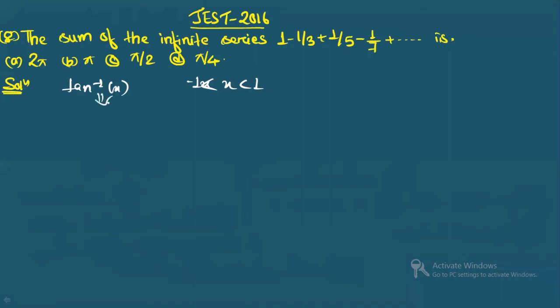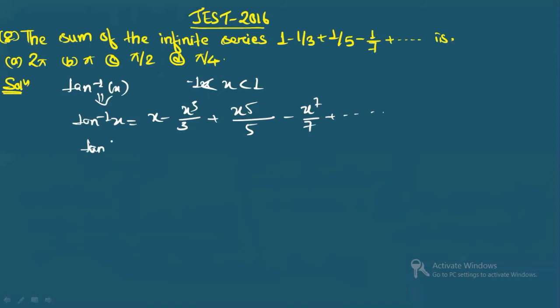For this, the series expansion of tan inverse x is what? Tan inverse x is equals to x minus x cubed by 3 plus x to the power 5 by 5 minus x to the power 7 by 7 plus and so on. Okay, so when you will put x to be 1, that is tan inverse 1, then you will get 1 minus 1 by 3 plus 1 by 5 minus 1 by 7 and so on. This is the series here.